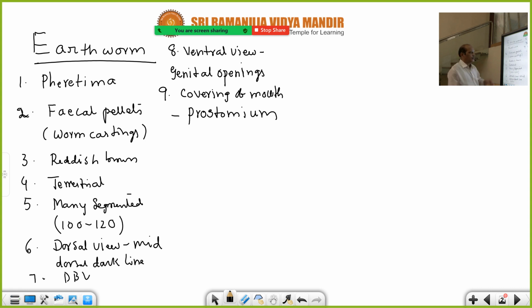A covering of the mouth. The prostomium forces open cracks of the soil while making burrows. This phrase is there in the book: prostomium forces to open cracks. What is that?